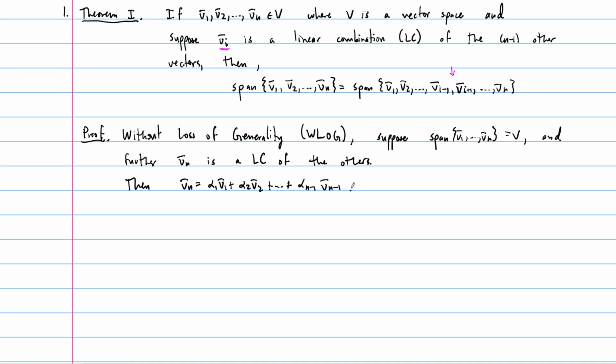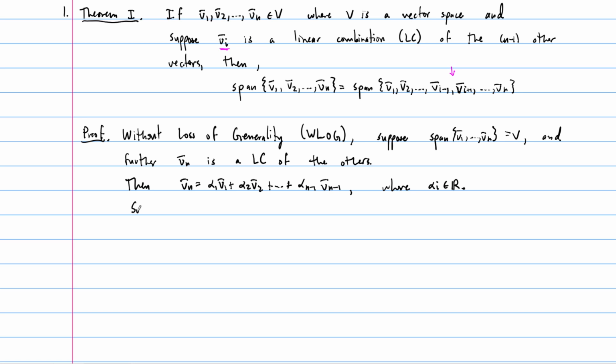So by definition of linear combination, V sub n can be written as a sum of these other n minus 1. And of course, remember that the alpha i are all, for us, real numbers. They're scalars. And then what we'd like to do is show that these n minus 1 still span the whole space V.